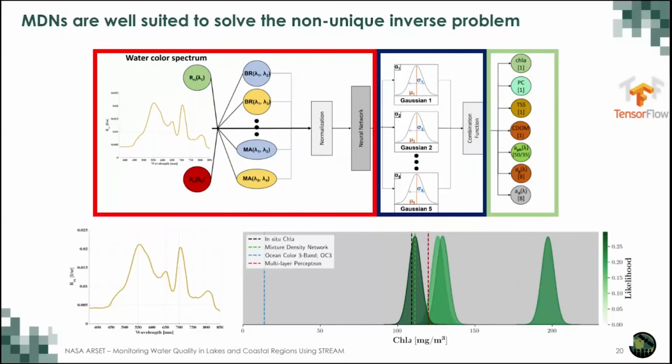So in summary, mixture density networks allow us to better solve this non-unique inverse problem where there could be many different combinations of chlorophyll A, PC, TSS, and CDOM concentrations for the same ocean color signal.